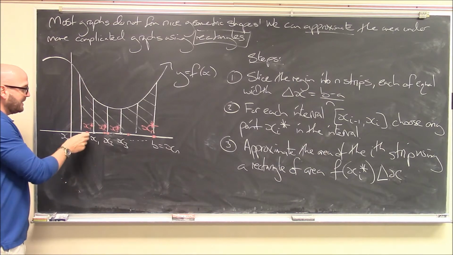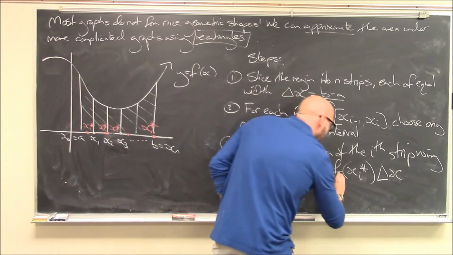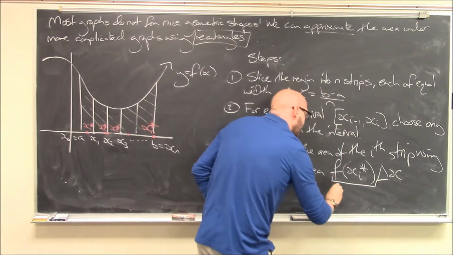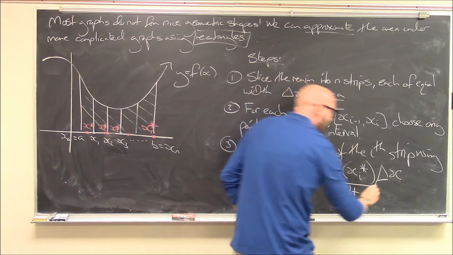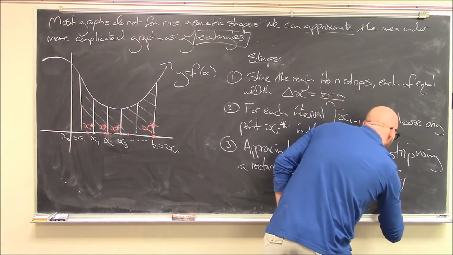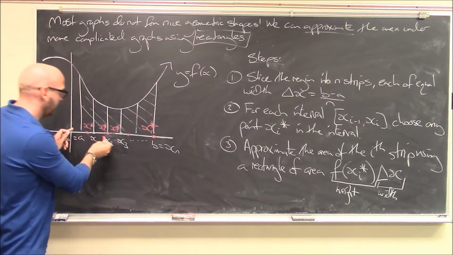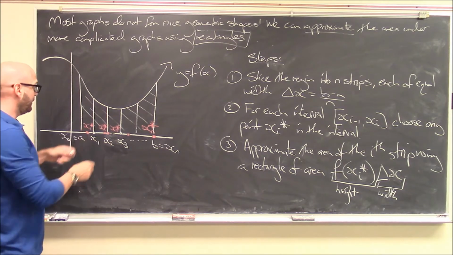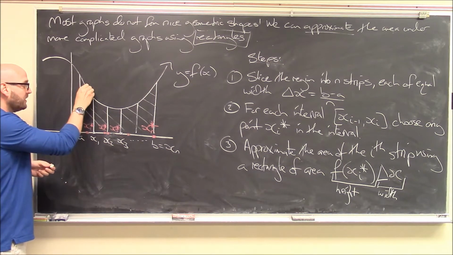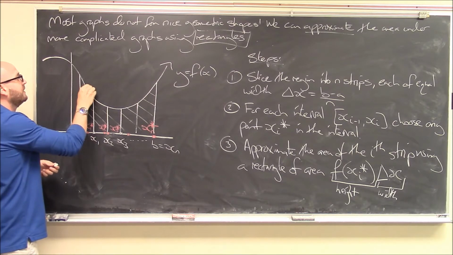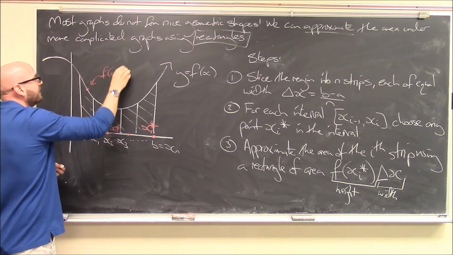And what I'm actually going to do is what this represents here. f of x sub i star, that's the height of my rectangle. Delta x is the width of the rectangle. Remember, delta x is the width of the strip. So for f of x sub i star, I'm going to come into this point that I chose and look at the y value, that height there, which is f of x sub 1 star.